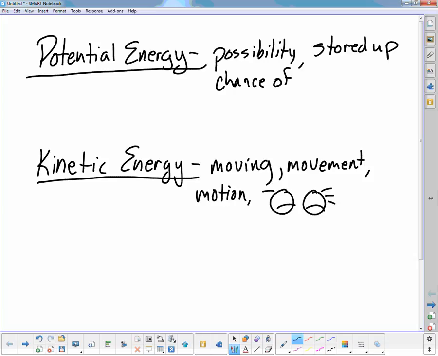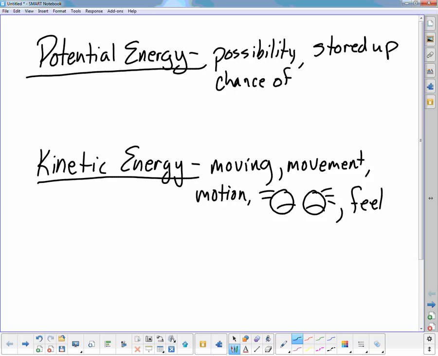It's anything that I can see or feel. Okay, so potential energy is the chance of doing something, but kinetic energy is what's actually happening, the motion of doing something. It's the doing part.